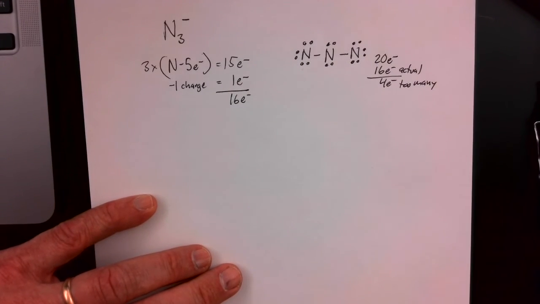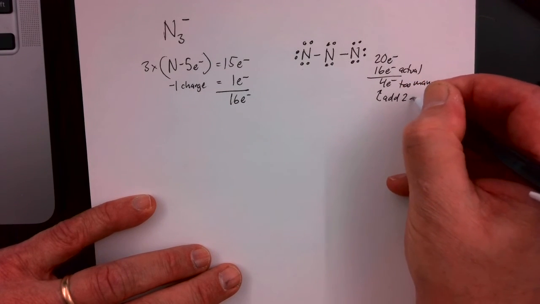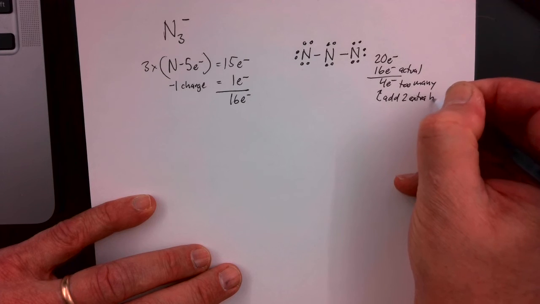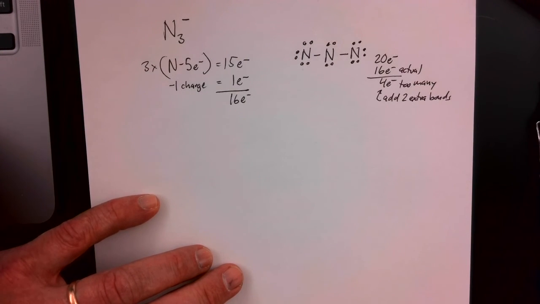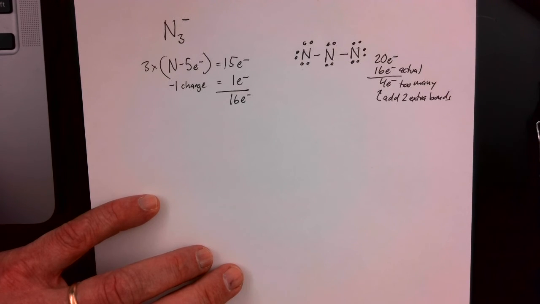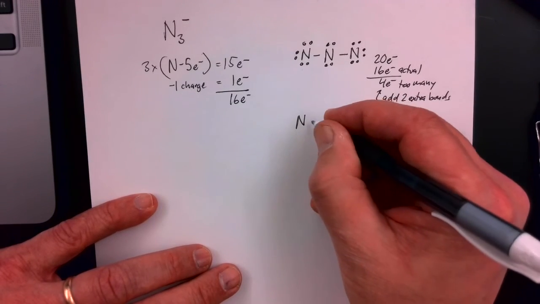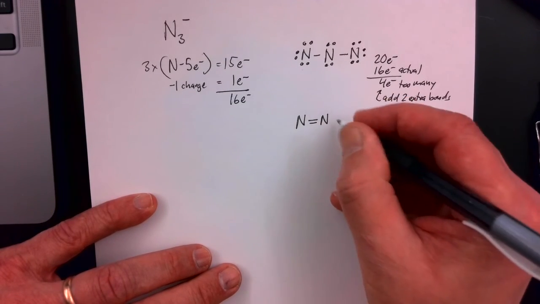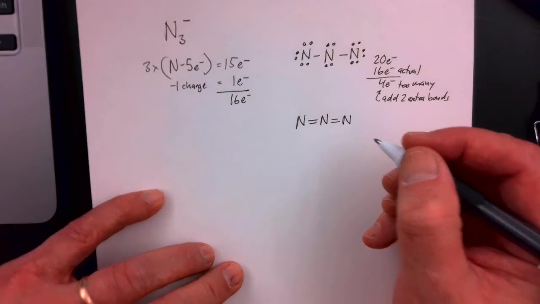And so that means we have to add 2 extra bonds. Because for every 2 electrons too many, we need to add an extra bond. Well, let's do that. So we have N. Let's put 1 this way and 1 this way. Make it symmetric.